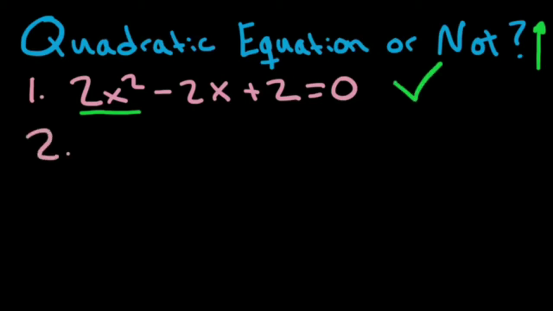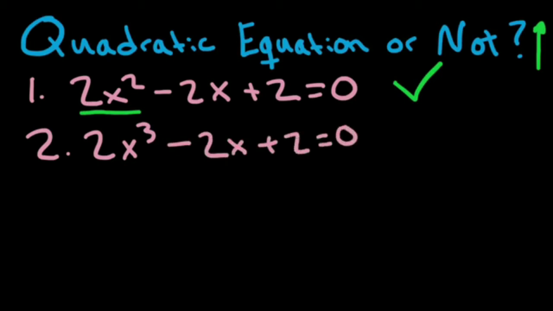Let's take a look at another one here. Let's say we have 2x to the power of 3 minus 2x plus 2 is equal to 0. Is this one a quadratic equation? Well, in this case, we have a term 2x cubed, or 2x to the power of 3.